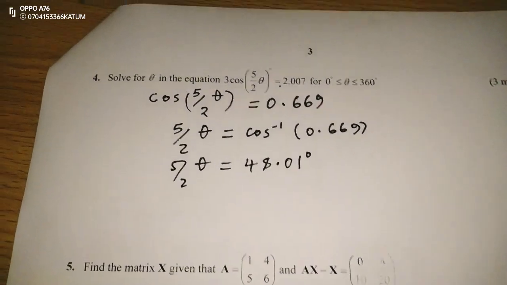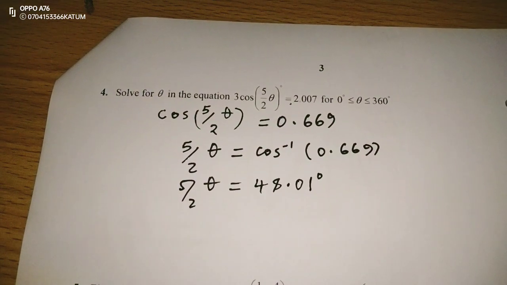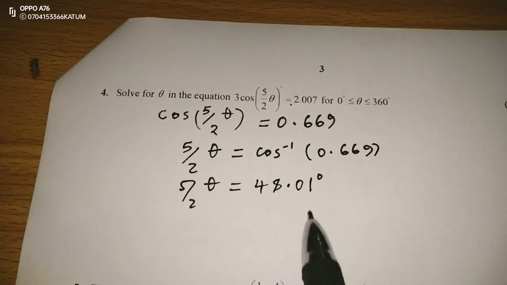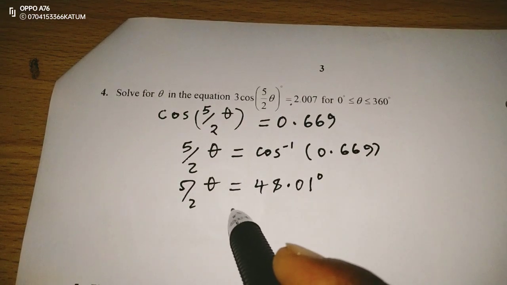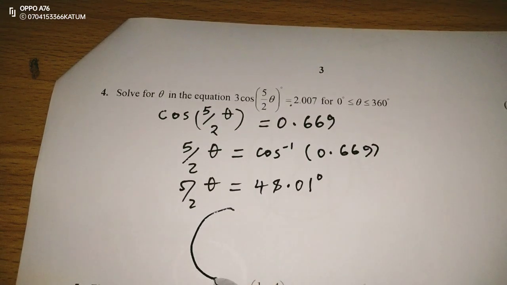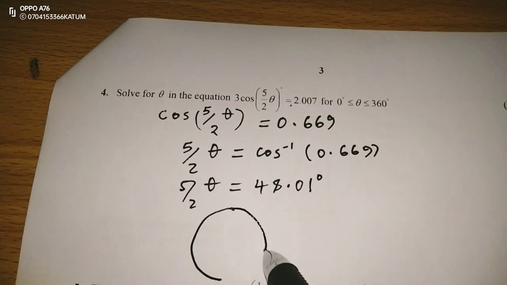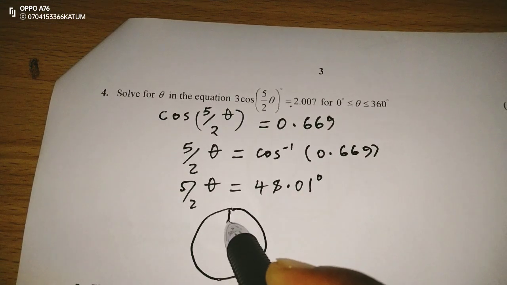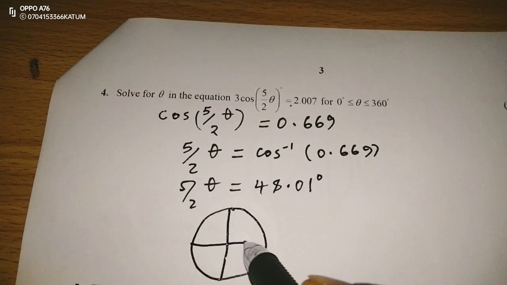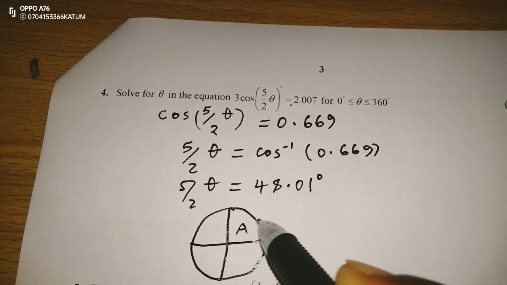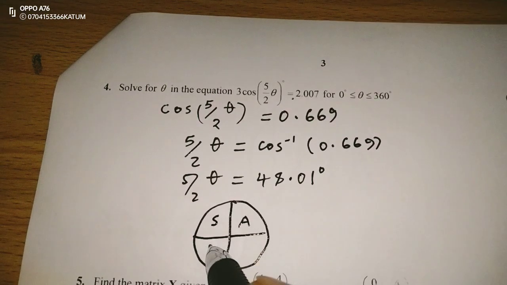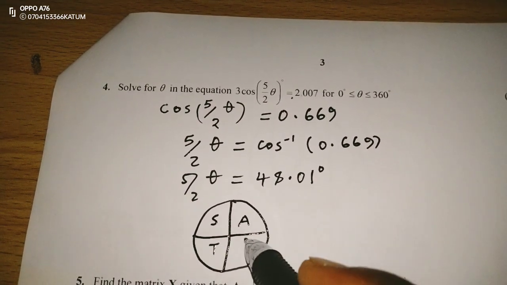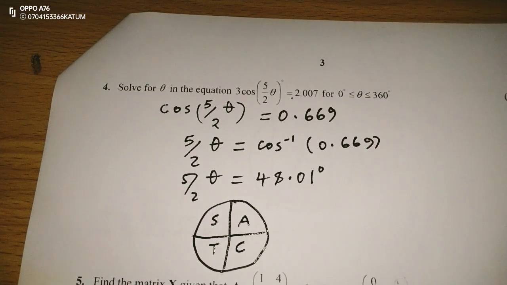We should know that there is also another angle whose cosine is the same, and we should use the unit circle now. In the first quadrant all trigonometric ratios are positive, and cosines are positive in this part.